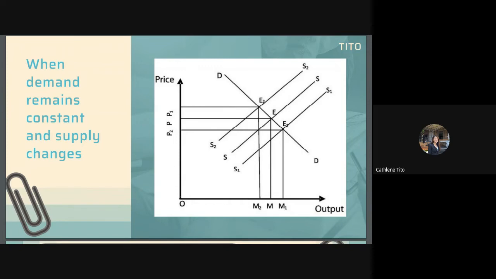Whereas the negative shift is the one that goes to the left, or from S to S2, causing prices to rise from P to P1 and a decrease in output or quantity from M to M2, as illustrated in the diagram. The diagram therefore shows a negative relationship between supply and price, as well as a negative relationship between price and quantity or output, or in short, this diagram illustrates the law of demand.